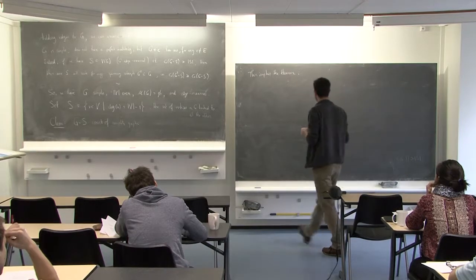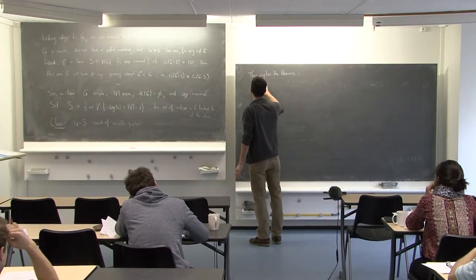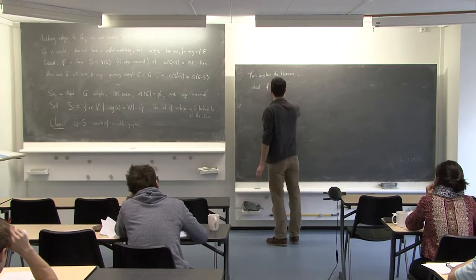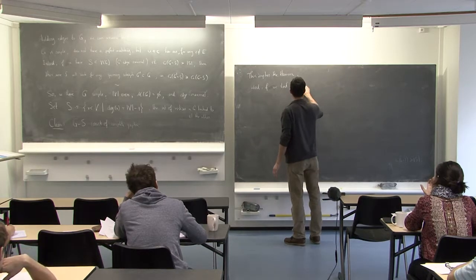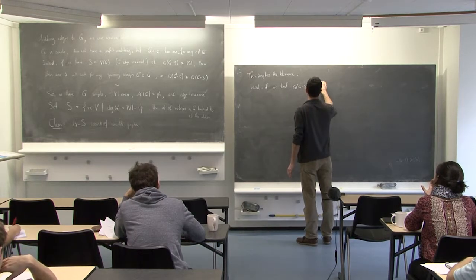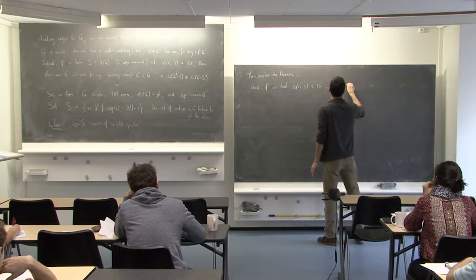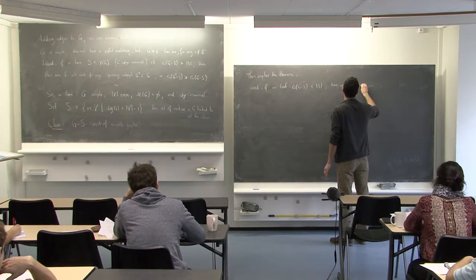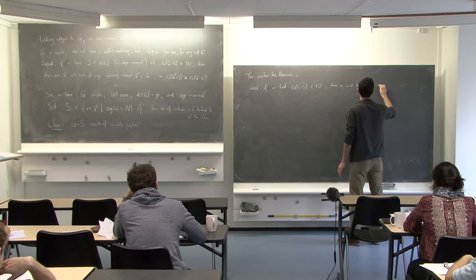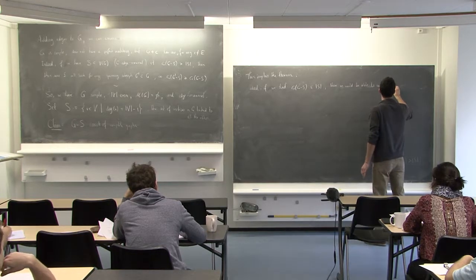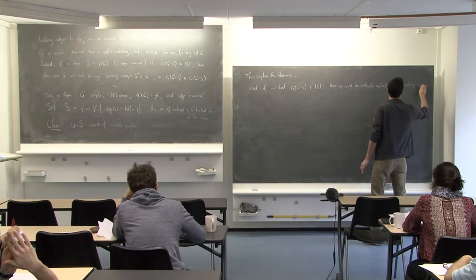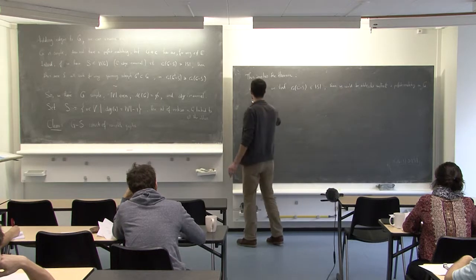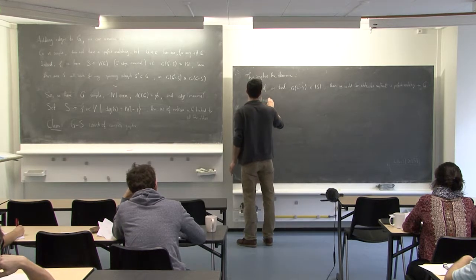Indeed, if we had C0 of G minus S smaller or equal to S, then we would be able to construct a perfect matching on G as follows. And this would be a contradiction, right?